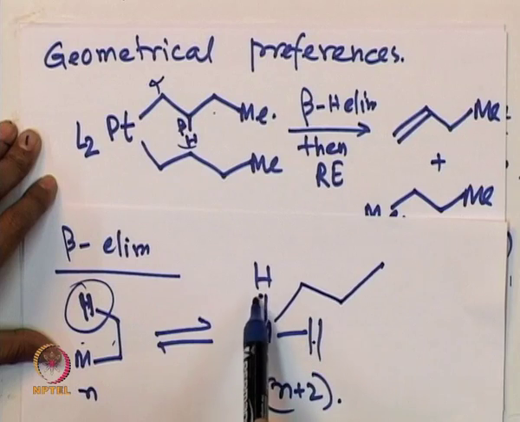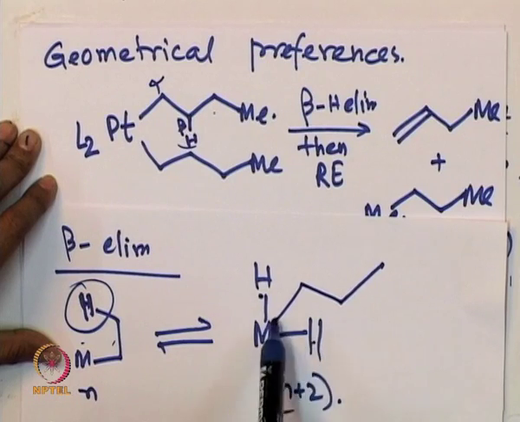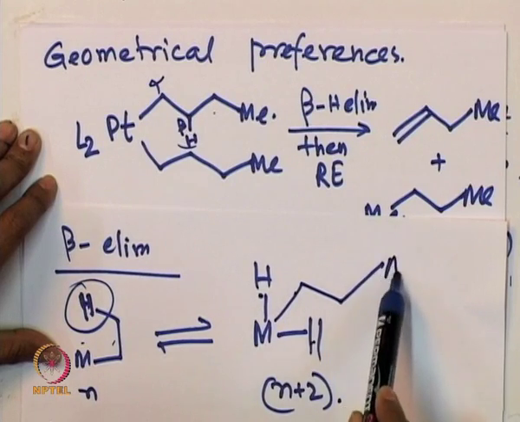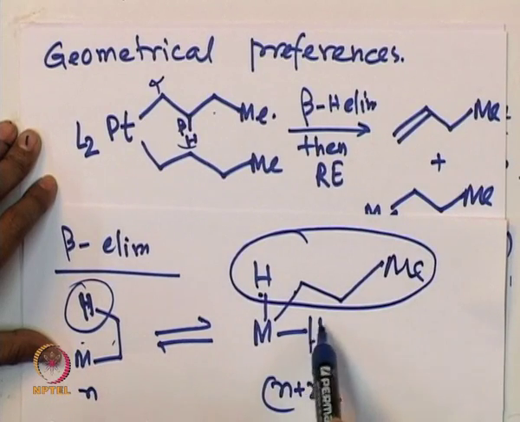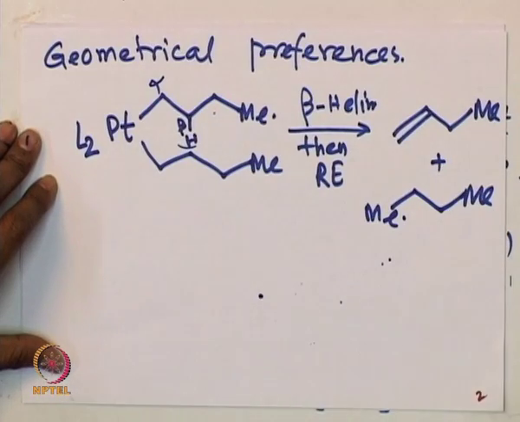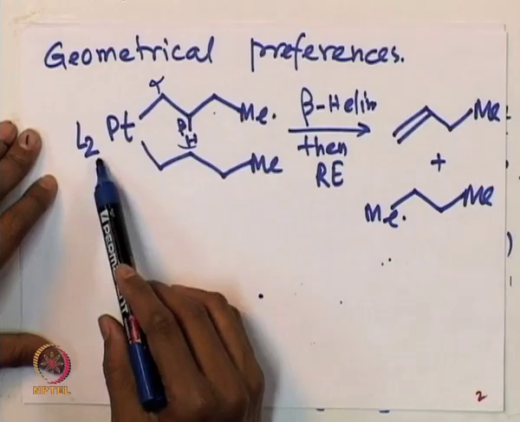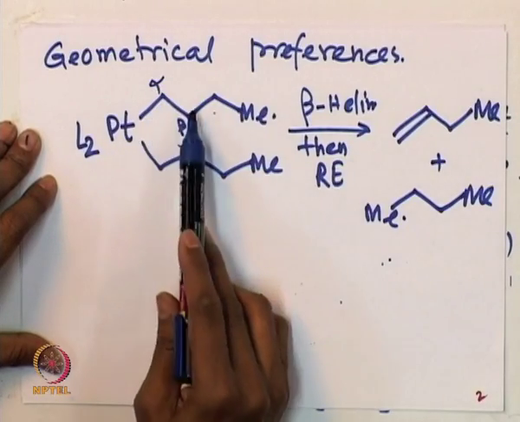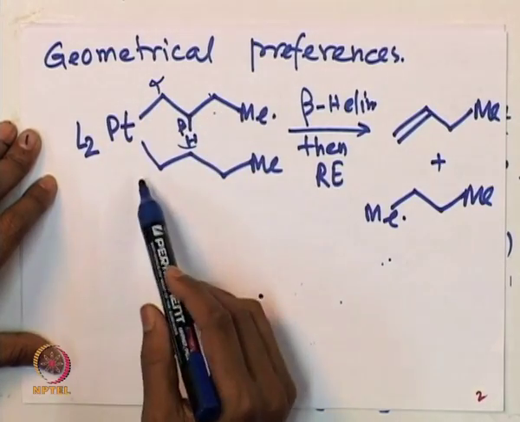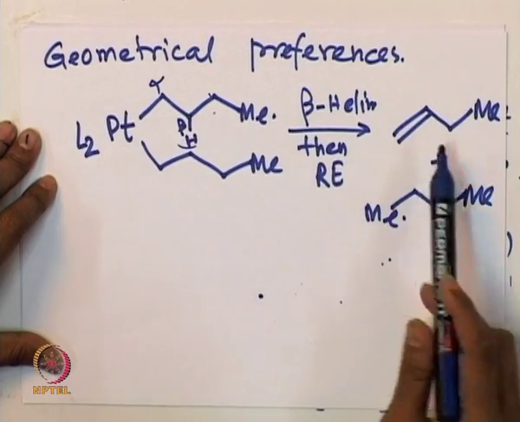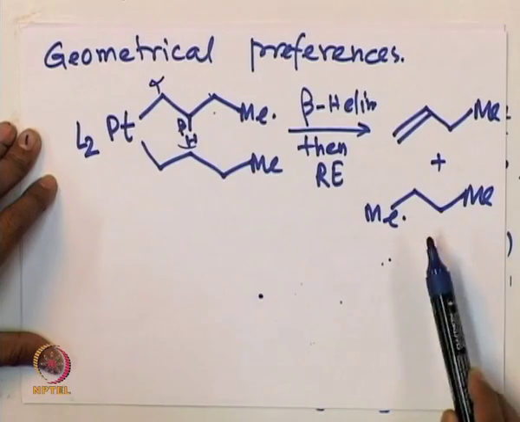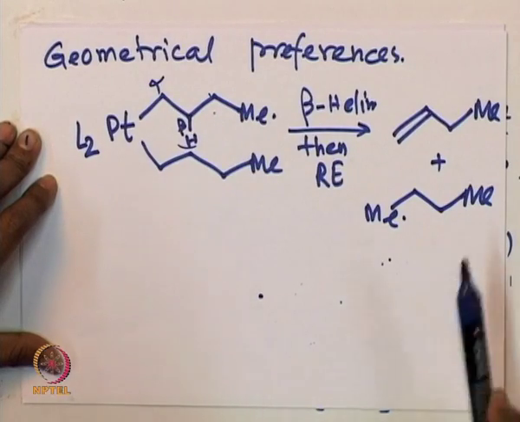Now you have metal hydride, olefin and then alkyl. Now these two will reductively eliminate, and this olefin will also fall off from the intermediate. So overall, for this platinum complex, which is a di-1,2,3,4 di-butyl complex, beta hydride elimination and then reductive elimination will give you an olefin and a long chain alkane species.